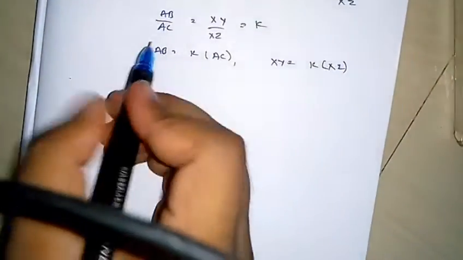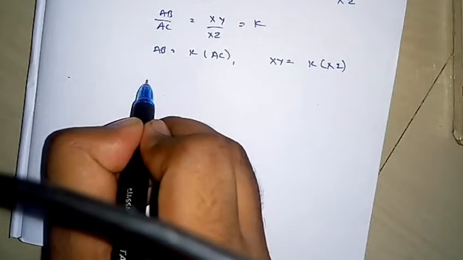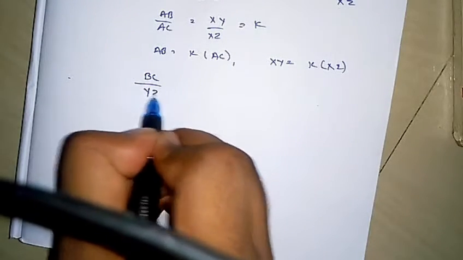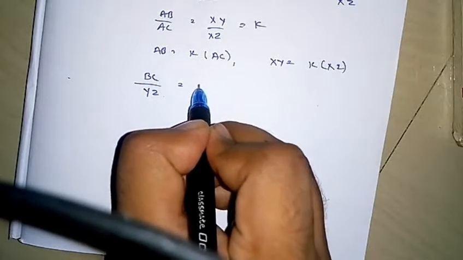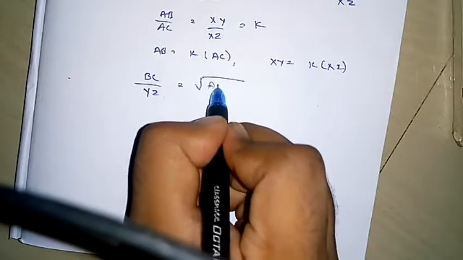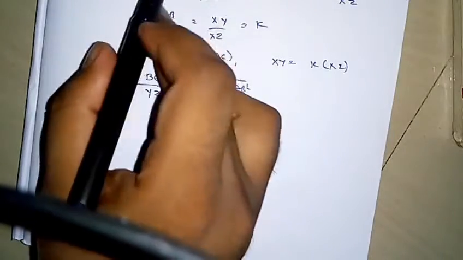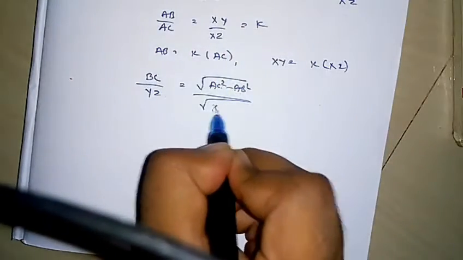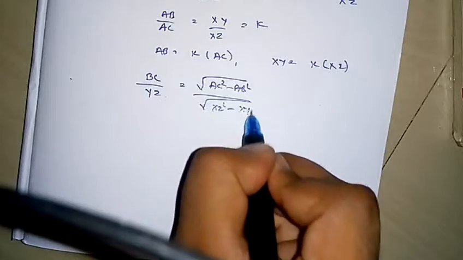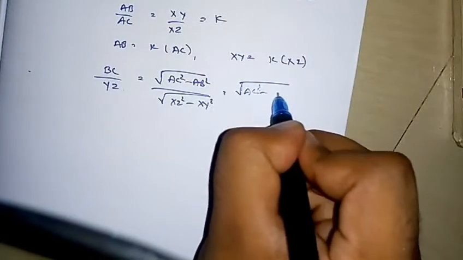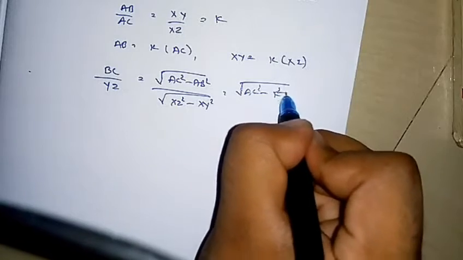Now let's consider the ratio BC by YZ. Here in triangle ABC, BC will be equal to the square root of AC square minus AB square, and in triangle XYZ, YZ will be equal to the square root of XZ square minus XY square.